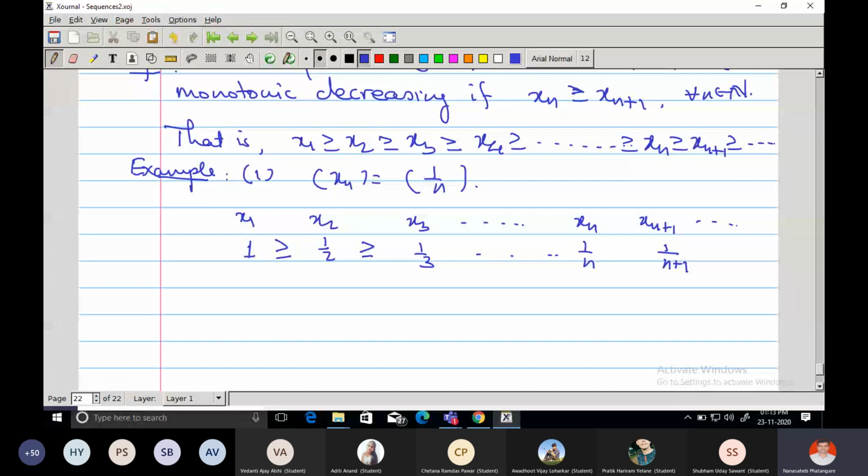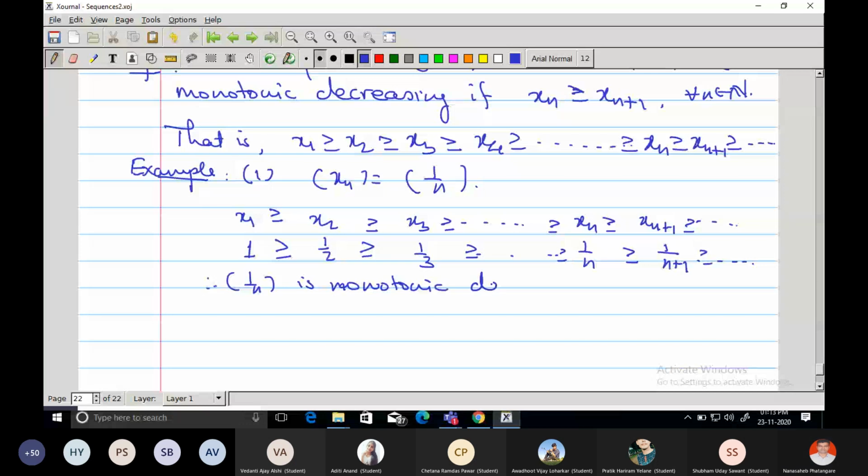We can say greater than or equal, strictly greater in this case, but anyway. And therefore, what can you say about this 1 by n? 1 by n is monotonic decreasing, right? Because xn is greater than or equal to xn plus 1, which is true for all n, right?